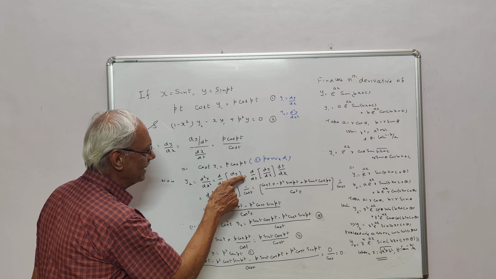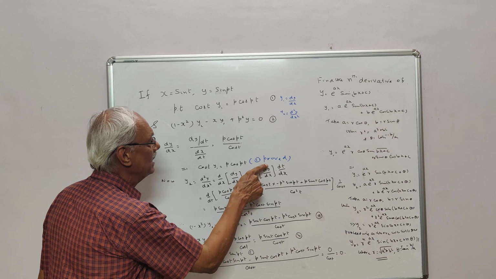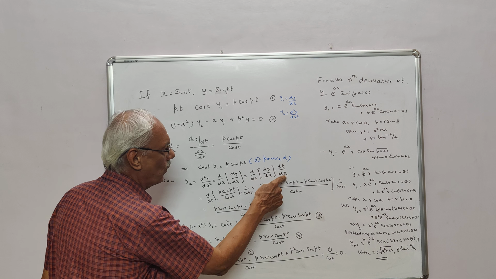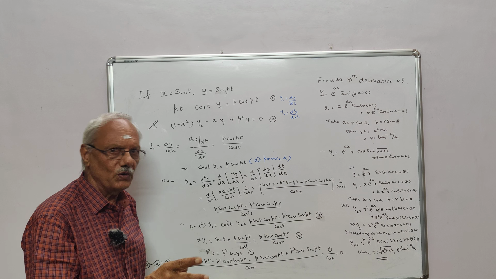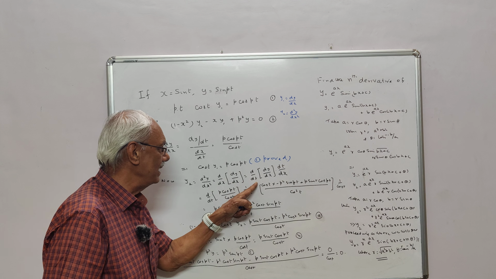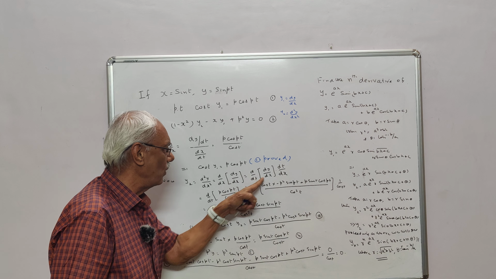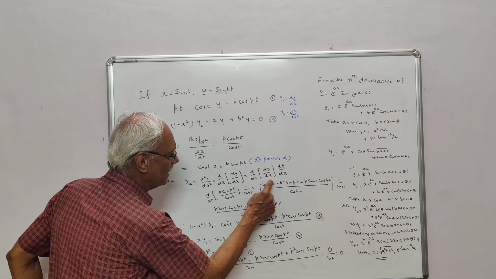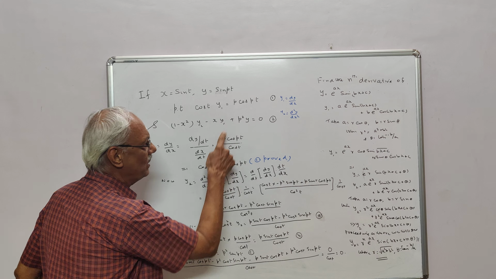Therefore I write this as d by dt of dy by dx into dt by dx. See, dt and dt go off, giving you d by dx of dy by dx. And you must know that this dy by dx is a function of t only here.